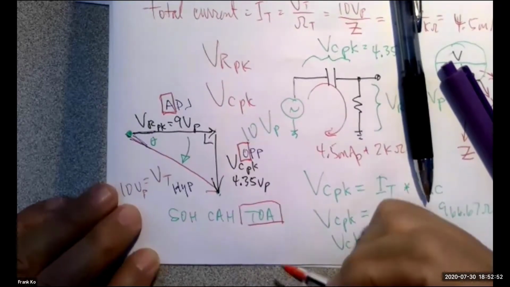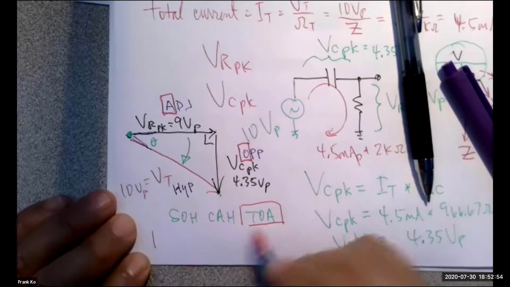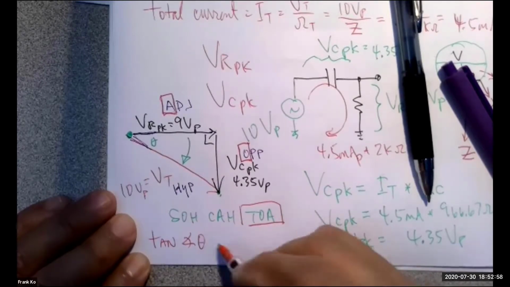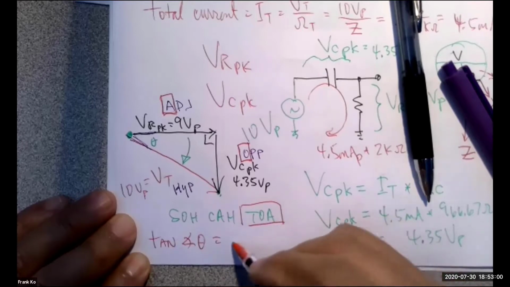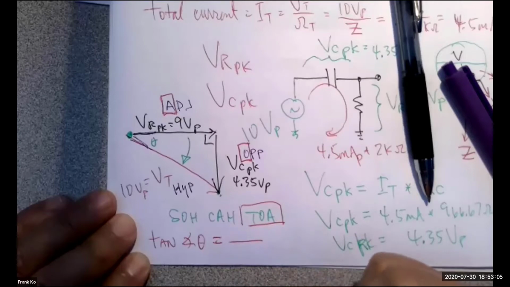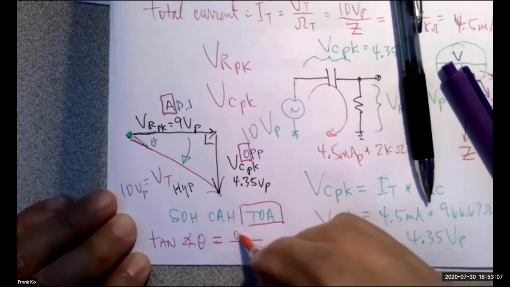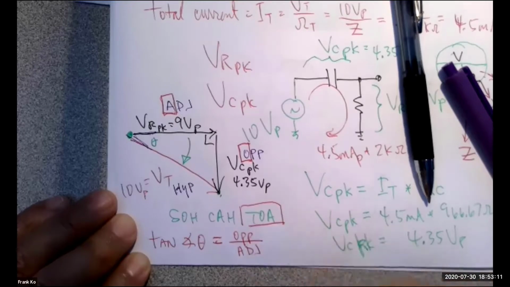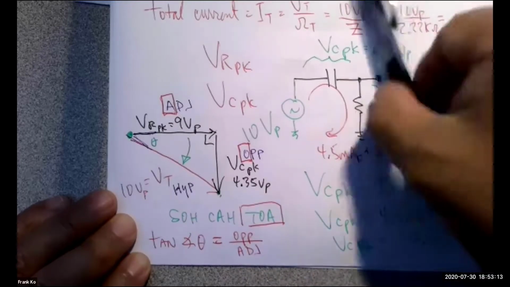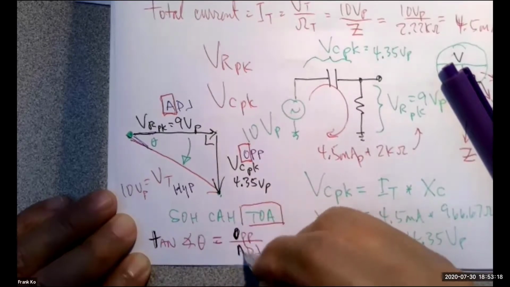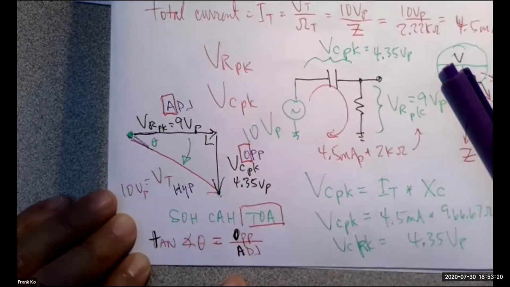And what does TOA help us do? TOA, the T stands for tangent of angle theta is equal to, what's the O and the A? The O and the A says what's going to happen in the numerator and what's going to happen in the denominator. The O is going to be opposite, and the A is going to be adjacent. So there is my T right here, my O right here, and here's my A right there. That spells TOA.